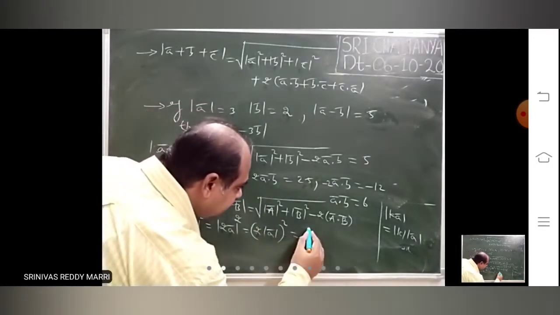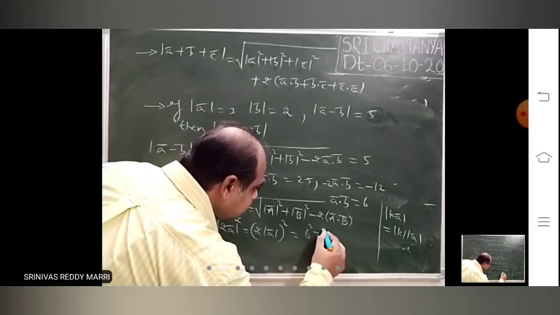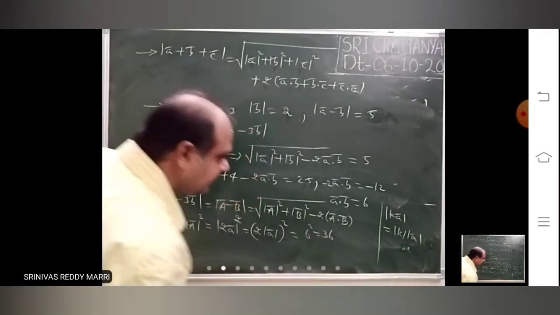That means 2 into 3, 6 square, that is nothing but 36.